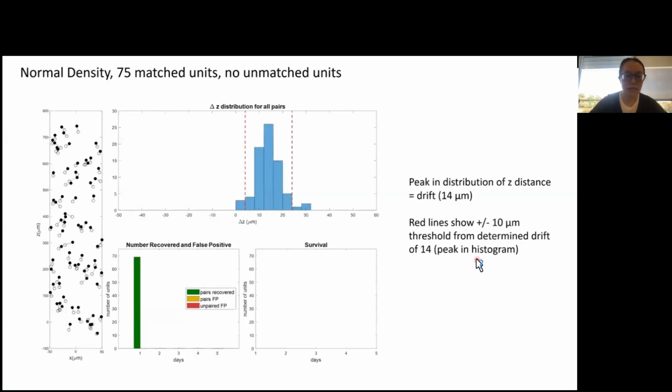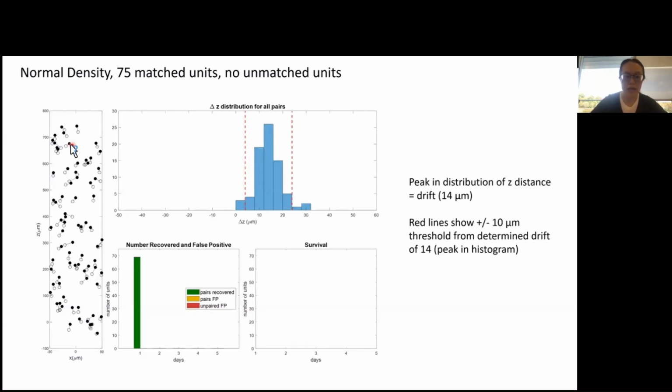We start with the simplest case, where there are 75 units in the region of 900 microns with no unmatched units, meaning that every open circle in this diagram from the first dataset is matched to a closed circle in the second dataset. And this is a normal unit density we see in the real datasets.